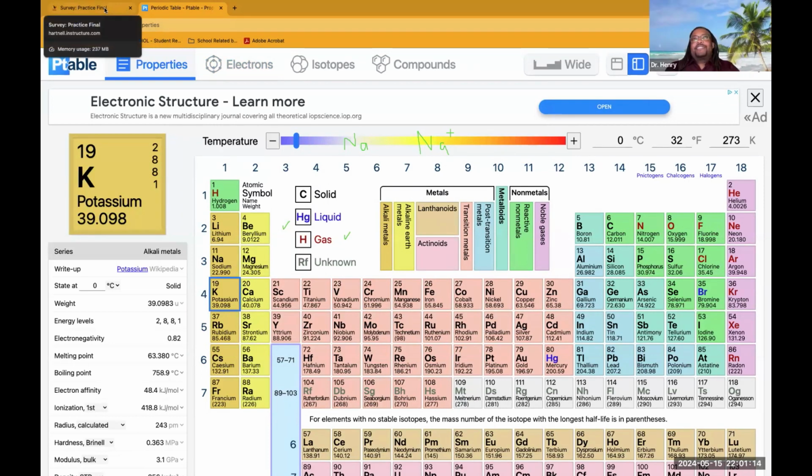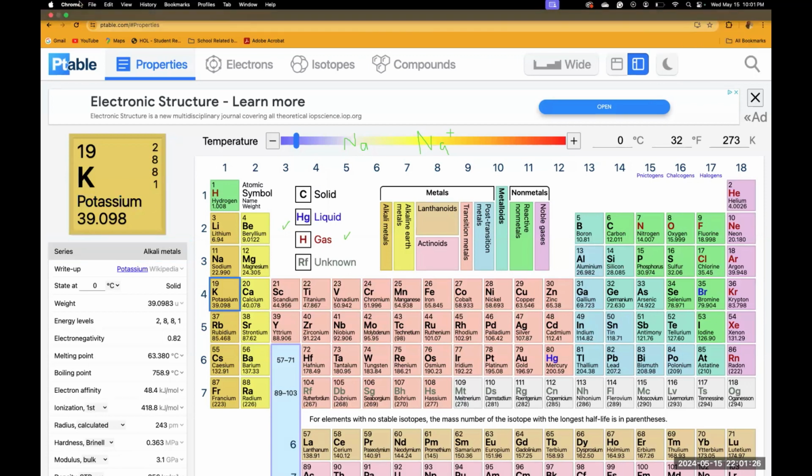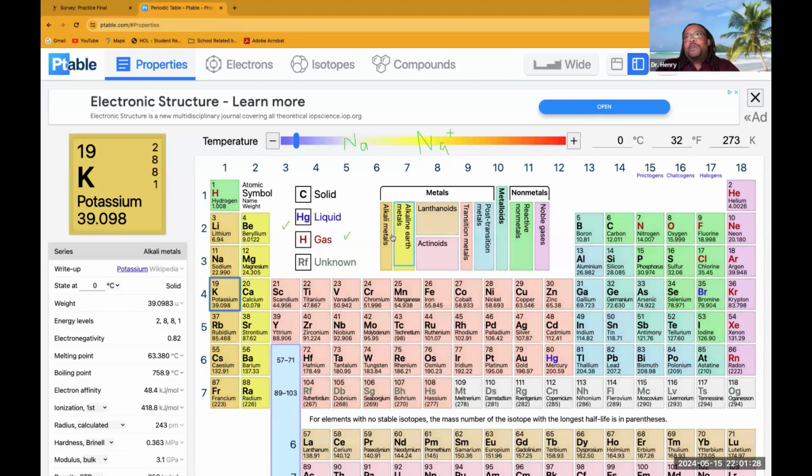So helium is the smallest and then francium is the biggest? Yes. Okay. Now, there are exceptions. Oh no. As you go across, typically it gets smaller, but you'll have a few blips. Nitrogen is one of those blips.